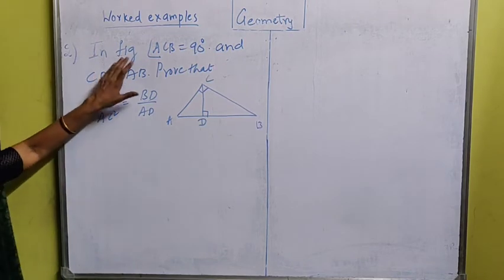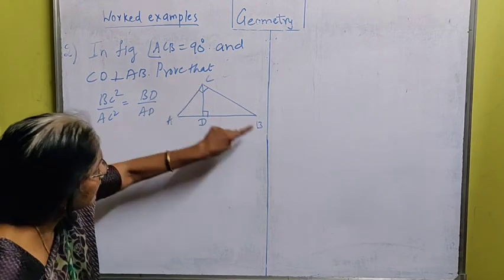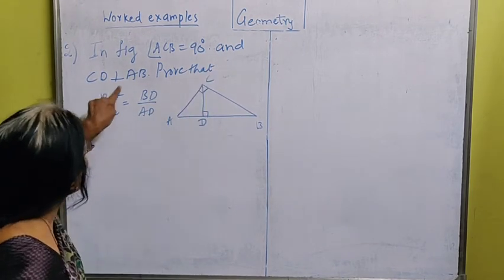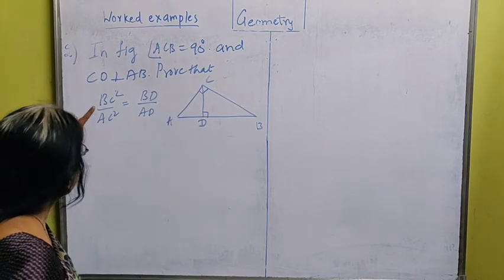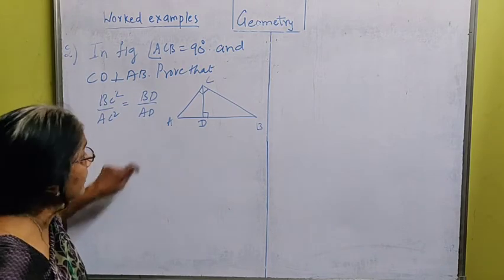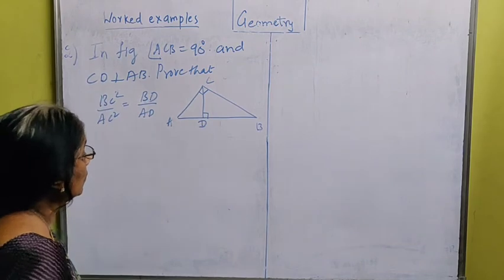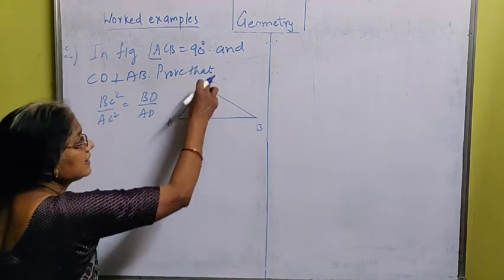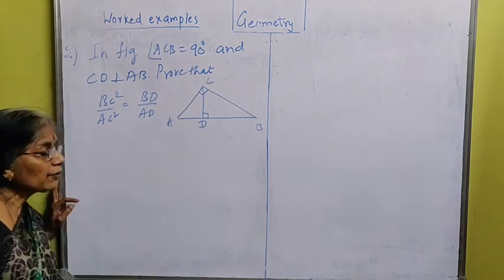In the figure, angle ACB is 90 degree and CD is perpendicular to AB. Prove that BC square by AC square is equal to BD by AD. By drawing CD perpendicular to AB, you divided it into three triangles, ADC, ACB and CDB. So we are going to compare.